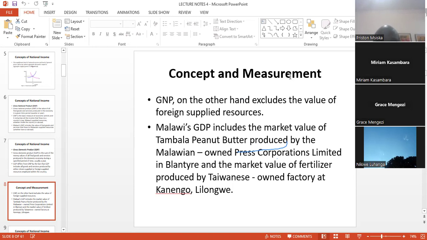So Malawi kwacha is not Tanzanian shillings. So we have to make sure that we convert our GDP into US dollars. Tanzania also converts its GDP into US dollars. Then we can see. So it gives us historical performance of an economy, but we can also compare with another country, for example.